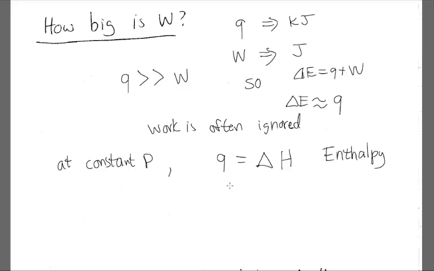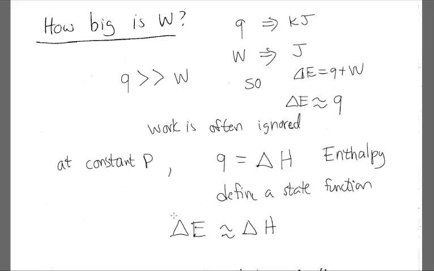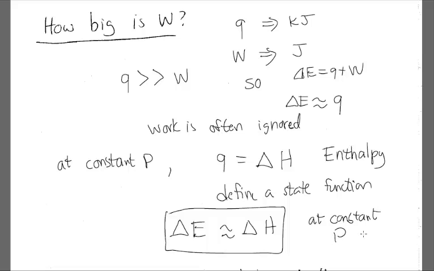And this is defining a state function known as enthalpy. All right, so since Q at constant pressure is delta H and Q is approximately delta E, that means that delta E is approximately equal to delta H. And this is true at constant pressure, which we often are working at.